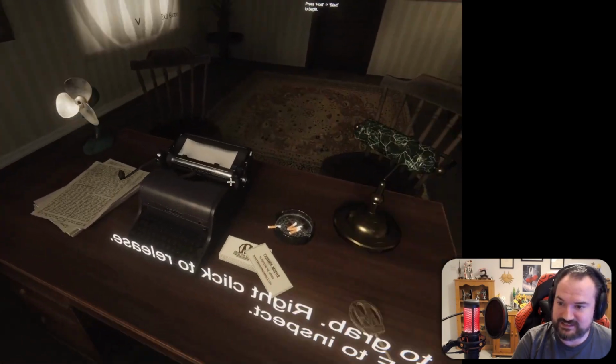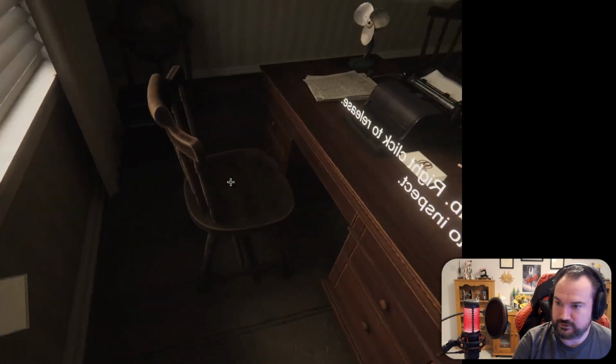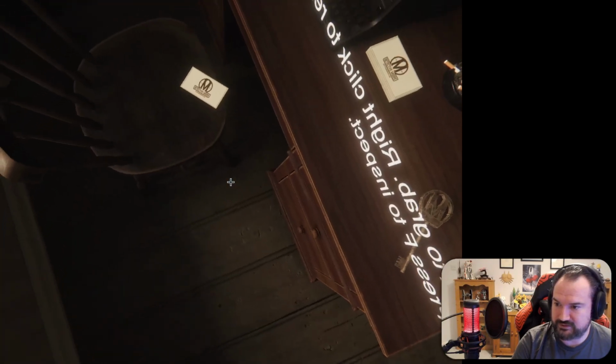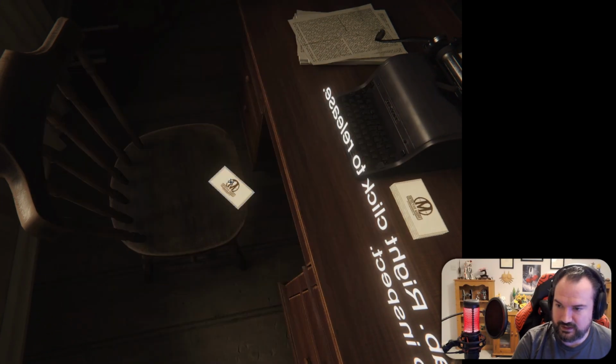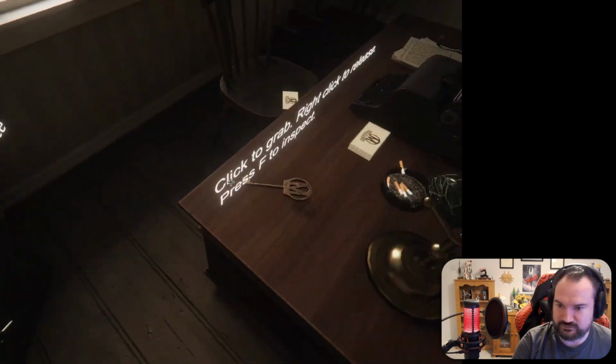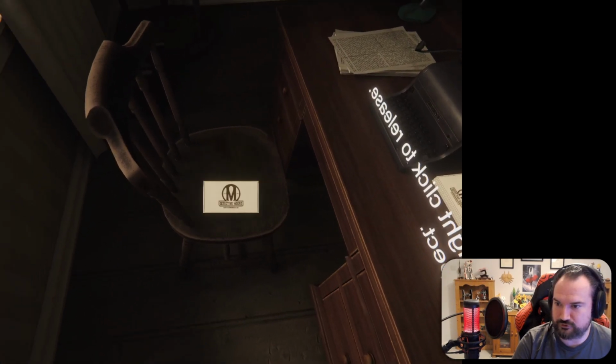Okay, so this is a detective game of sorts. Now I've just picked it up. Aha, right. F to no. F is also flashlight. What? Press F to inspect whilst you have it in your hand.